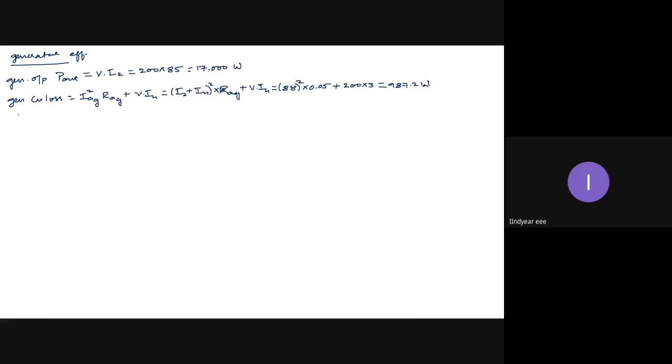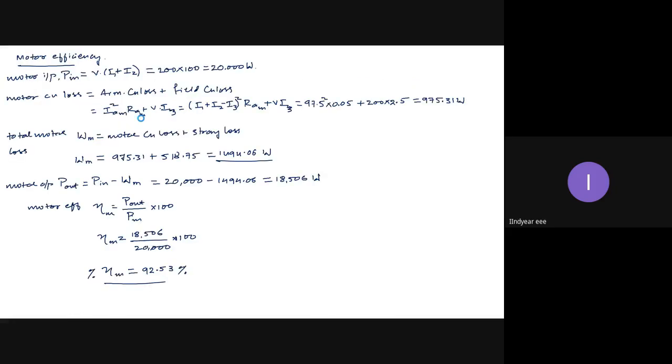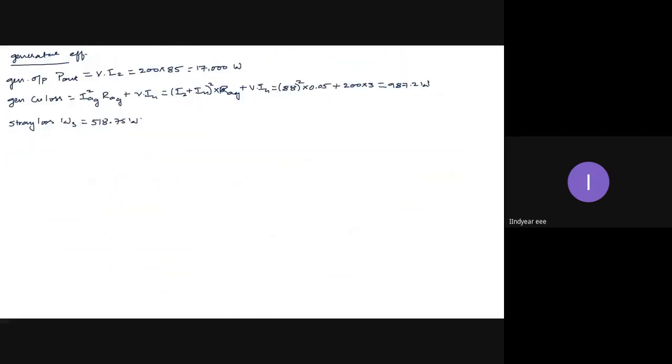Then total losses, or you can take stray loss WS is equal to 518.75 watts. In this, we have already taken it equal for both the machines. Generator losses WG is equal to IG square RA plus V into I4 plus WS.